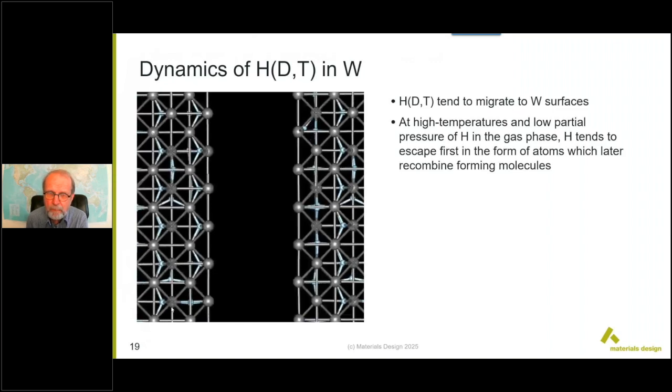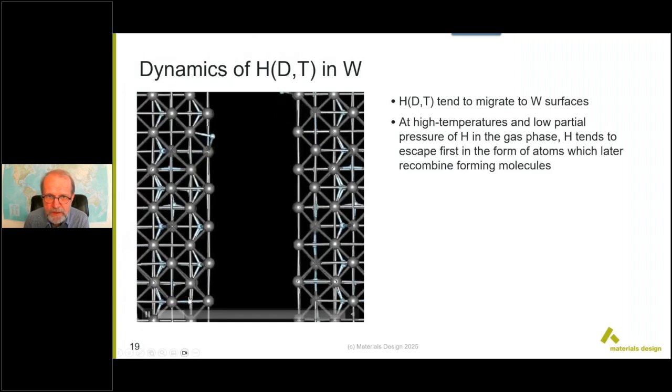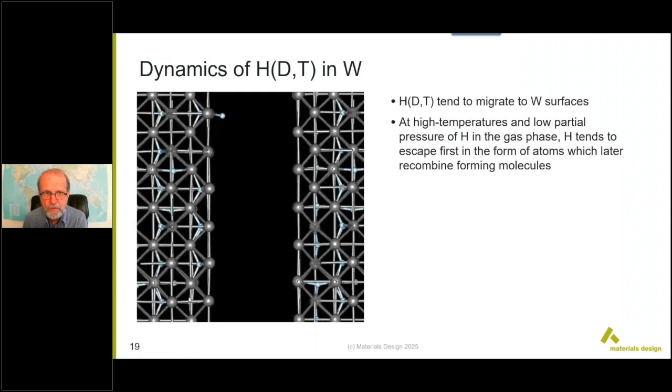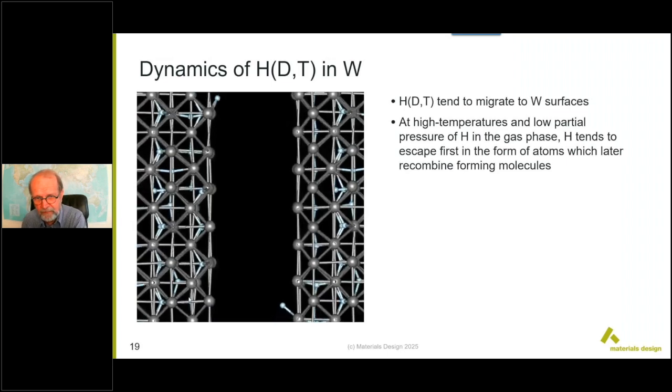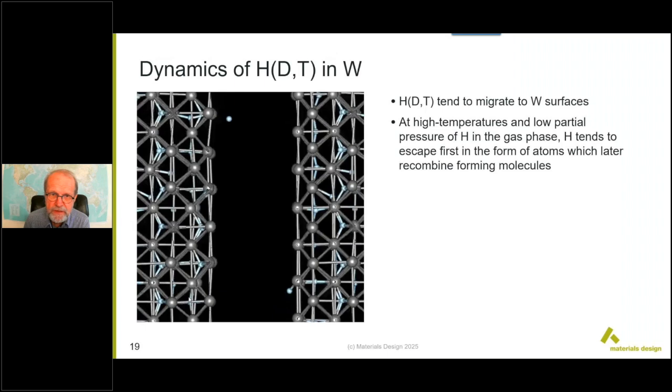Now we are heating up that system, and very quickly you see that some of the hydrogen atoms escape from the surface. They are ejected, sometimes they return, sometimes they fly across the crack and re-enter the system.